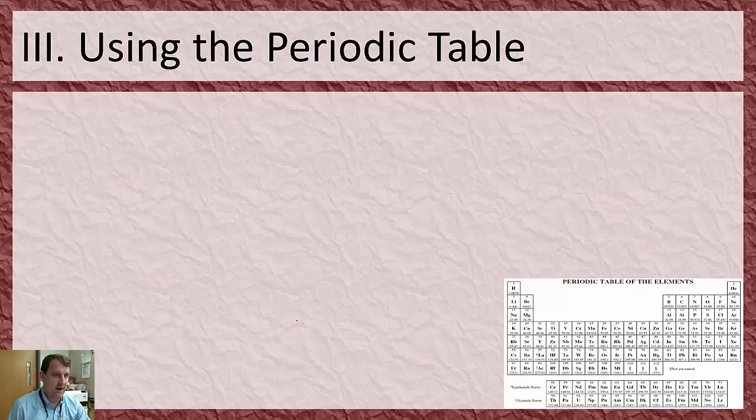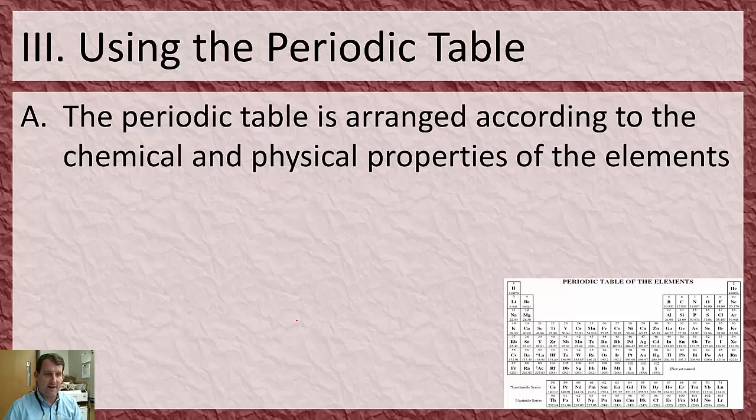Now, using the periodic table. I don't know if you've ever wondered why the periodic table has this wild shape to it. And the reason it does is because when this periodic table was developed in this shape, we didn't actually know anything about electrons. We just knew about properties of stuff.